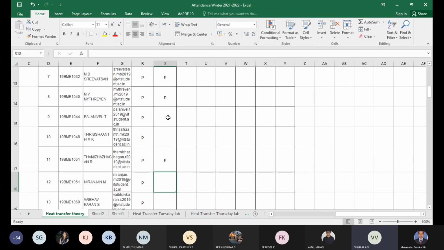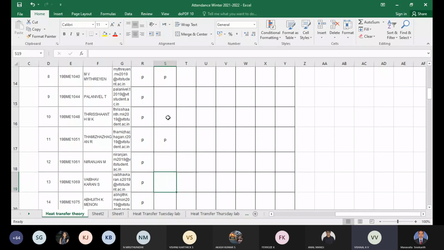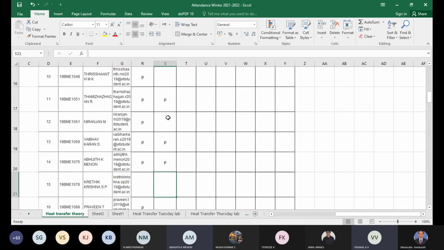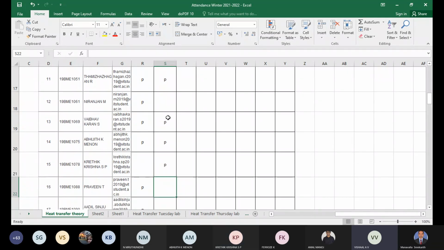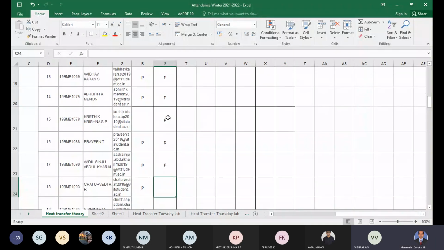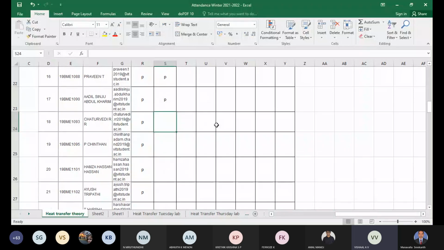Abhijit, present, sir. Kriti Krishna, present, sir. Chintan, present, sir.